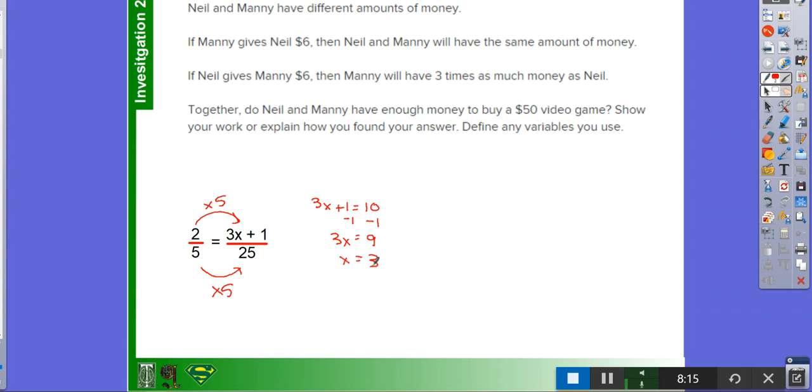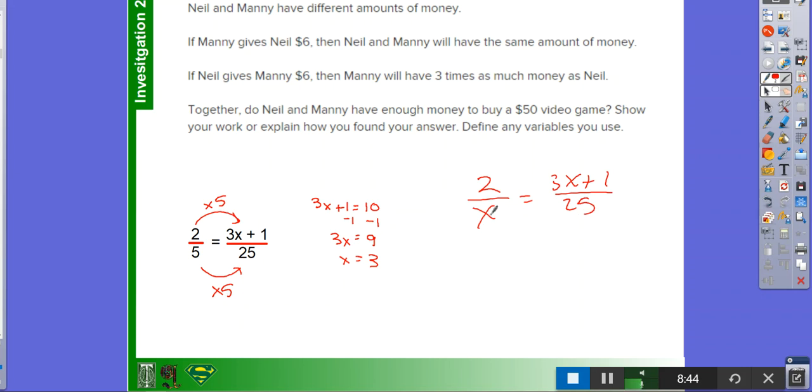Campbell used the scale factor method to much success. The reason why cross multiplication is a little more advantageous is once you get into geometry and beyond, you'll get questions that look like this. Let's say we have 2 over x is equal to 3x plus 1 over 25.